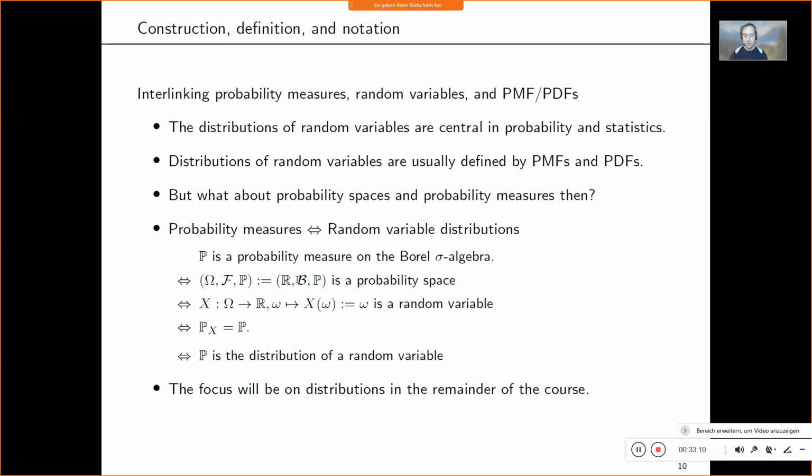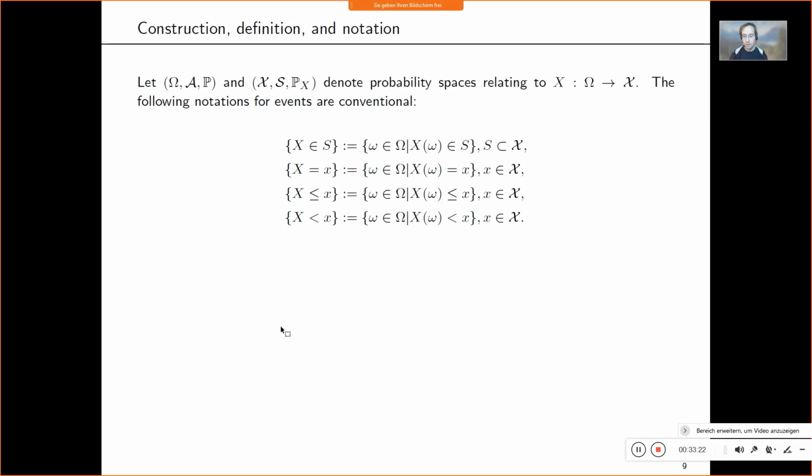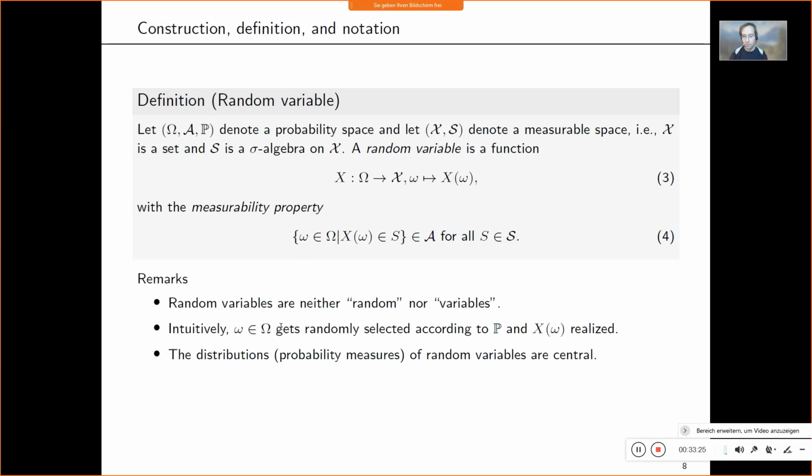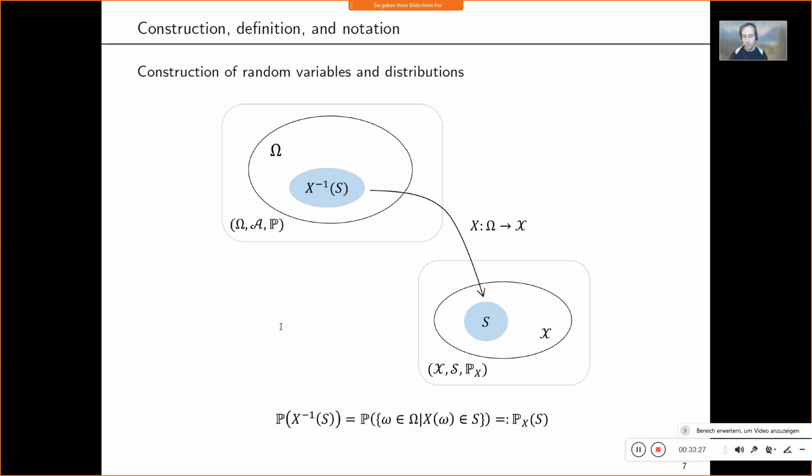Good. So the focus in the remainder will be on distributions. And distributions, again, are the probability measures of random variables, which are mathematically defined.